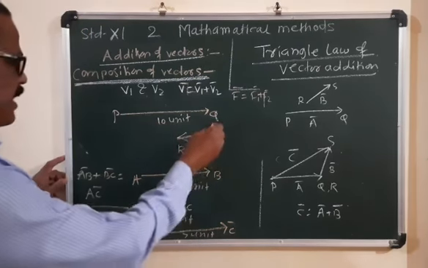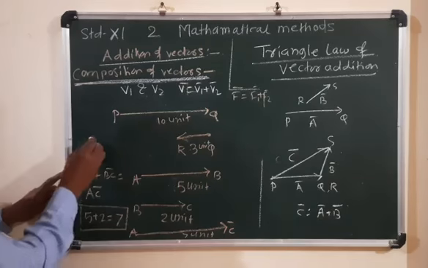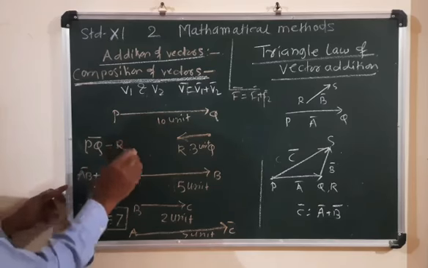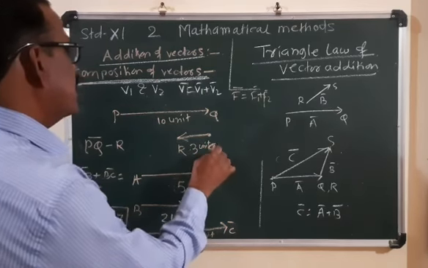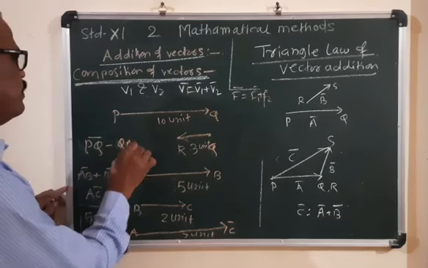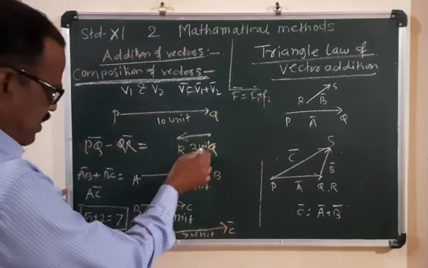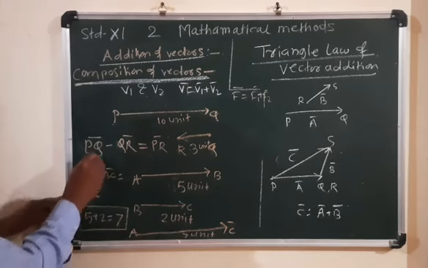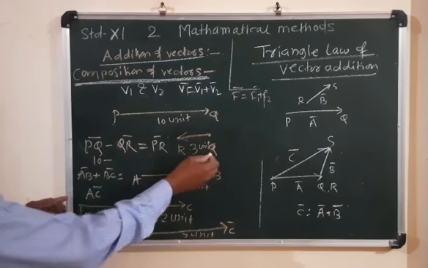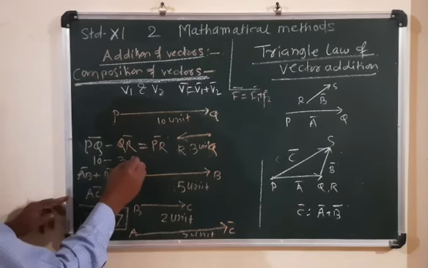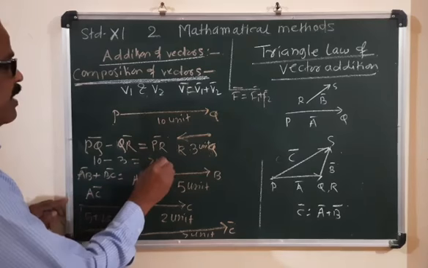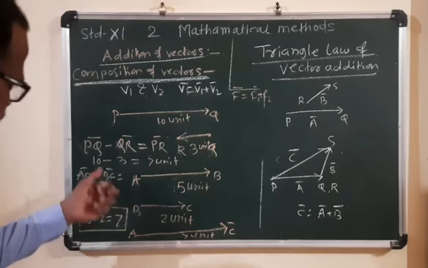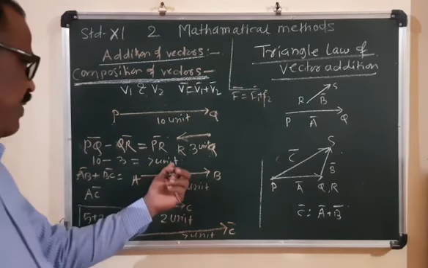Therefore, we take the subtraction of these two vectors, PQ bar minus QR bar is equal to PR bar. That is PQ is equal to 10 unit minus QR is equal to 3 unit, 10 minus 3 is equal to 7 unit. That is the magnitude when the vectors are subtracted from each other: 7 unit.